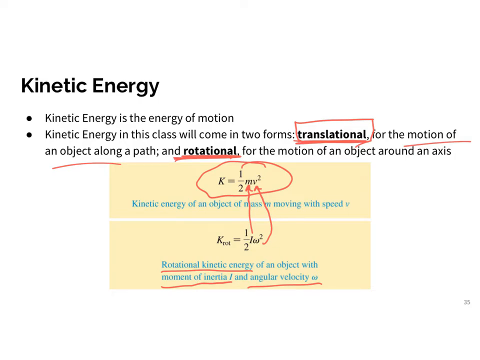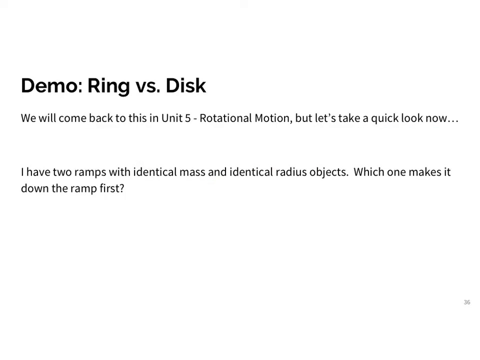So I is the moment of inertia, and that's not how much mass you have, but rather how your mass is distributed. And then omega, instead of being the linear velocity, is the angular velocity. It's how fast it's rotating. And like I said, I'll do a demo in class that hopefully clears that up. So this is the ring versus the disc demo, which we'll look at later on in the year.